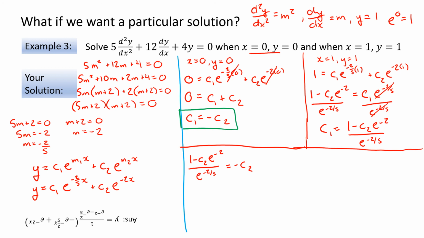So to solve this, my first step is going to be to move this e to the negative 2 over 5 to the other side. I do that by multiplying both sides by e to the negative 2 over 5. So we have 1 minus c2 e to the negative 2 is equal to negative c2 e to the negative 2 over 5.